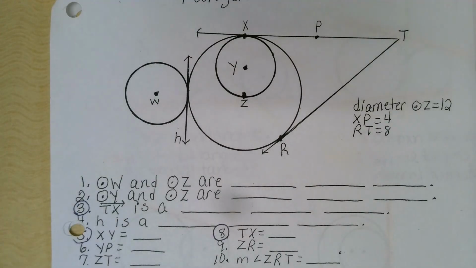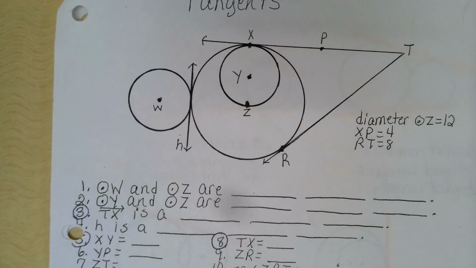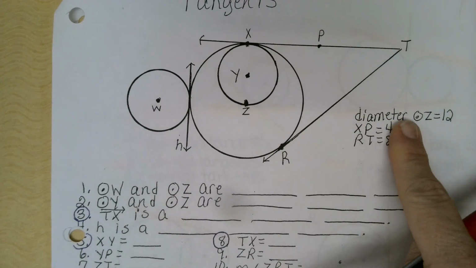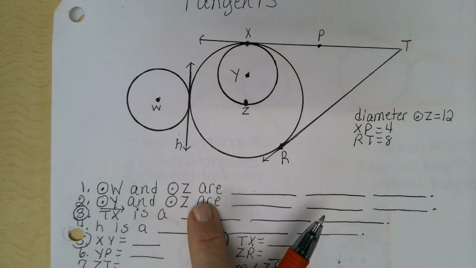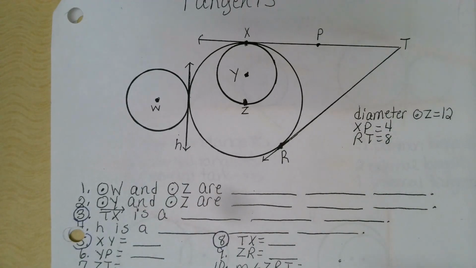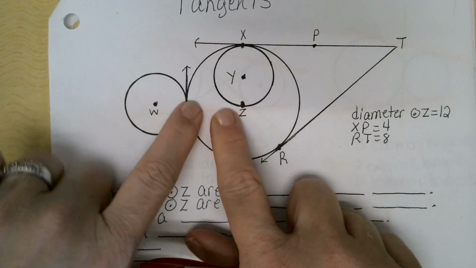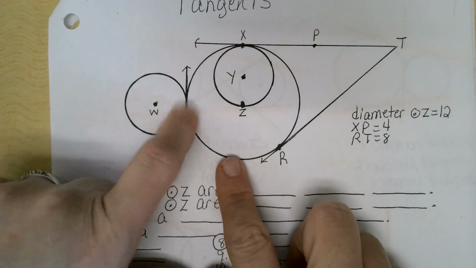Okay, let's look at this picture for this example on the next page. So before we start putting this information in here, questions 1, 2, 3, and 4 can just be answered based on vocabulary. So I'll help you on number 1 and number 2. Circle W and circle Z, okay? So they are touching, and they are touching on the outside.